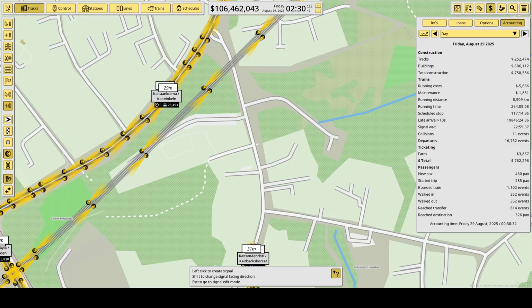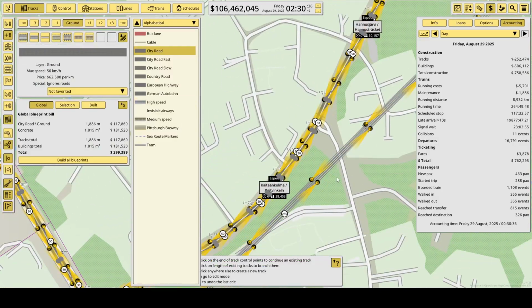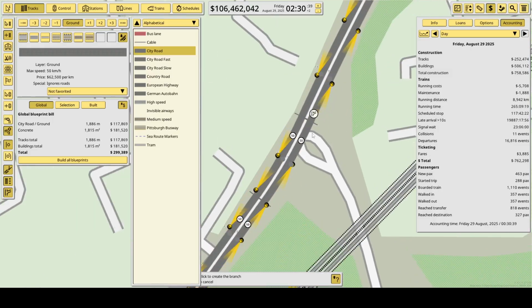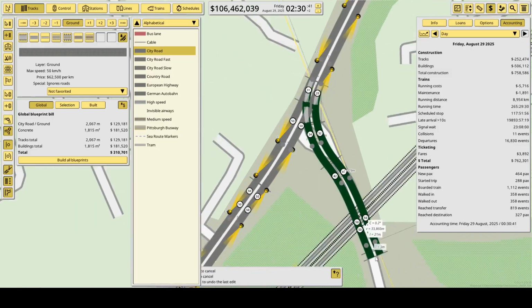After Kaitamäen Risti, we will then have a stop at the stop called Hannusjärvi, which is already there. Woohoo! Okay, it did work. Great, great.